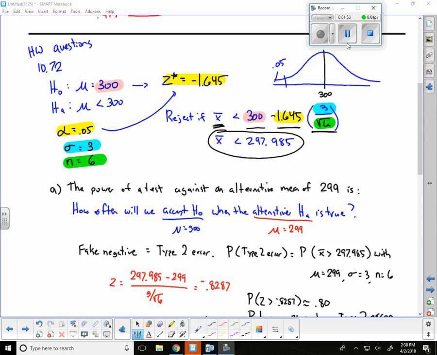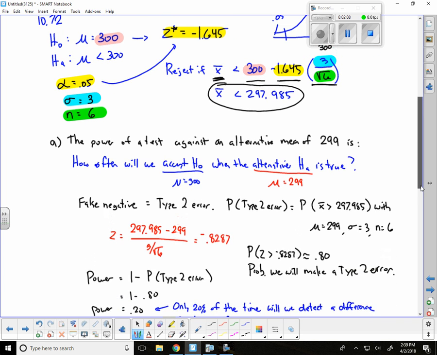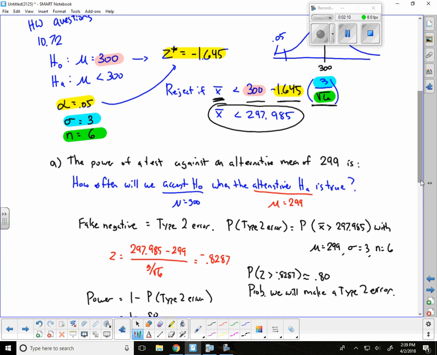So now we're on to part A of the question. In part A, the question asks, find the power of this test against the alternative that the mean might be 299. So how often will we accept H naught being 300 when the alternative is really 299? And you might think, well, quite often because those are so close together.